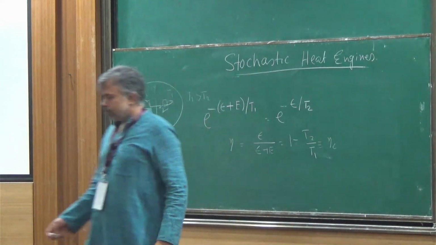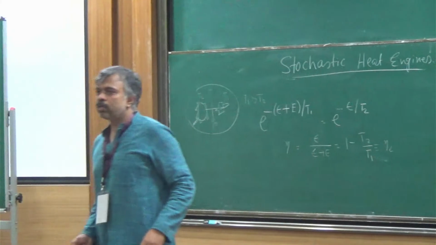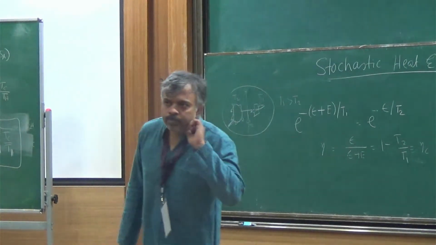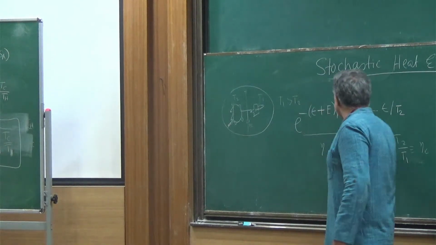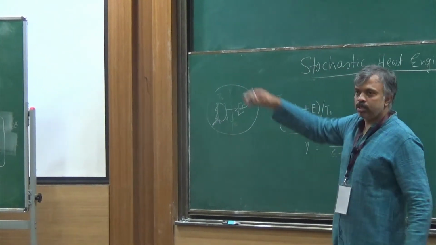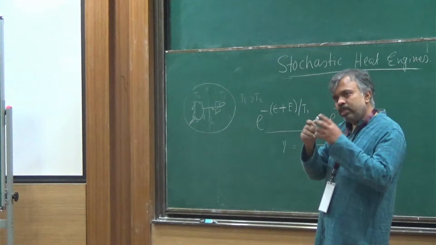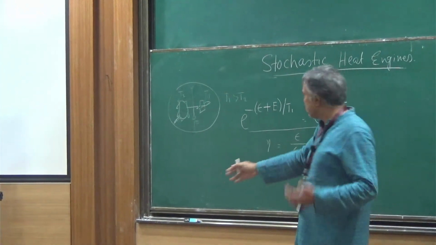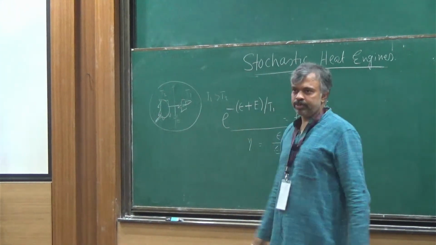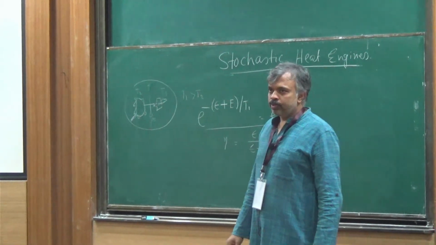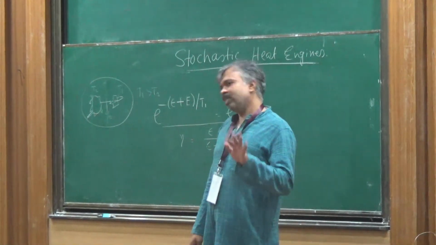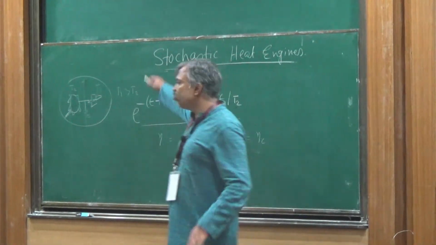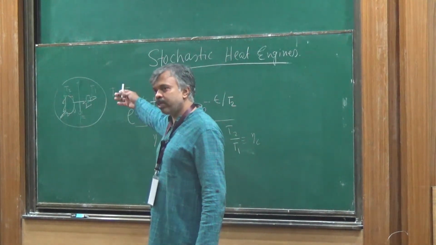Okay. Sir, can you explain again why you equate the two exponents? This equality is for the quasi-static case, the equivalence. So in the reversible case, these two probabilities should match. The inverse of the probabilities are the rates.